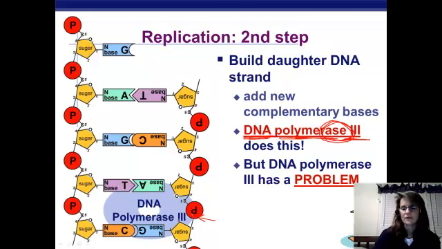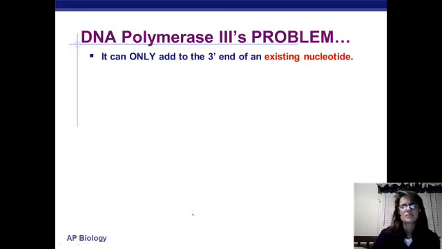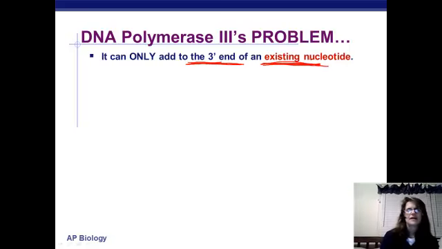But DNA polymerase III has a problem in the way it operates. Okay? Its problem, so to speak, is that it can only add nucleotides to the 3' end of an existing nucleotide. Okay? That's important.